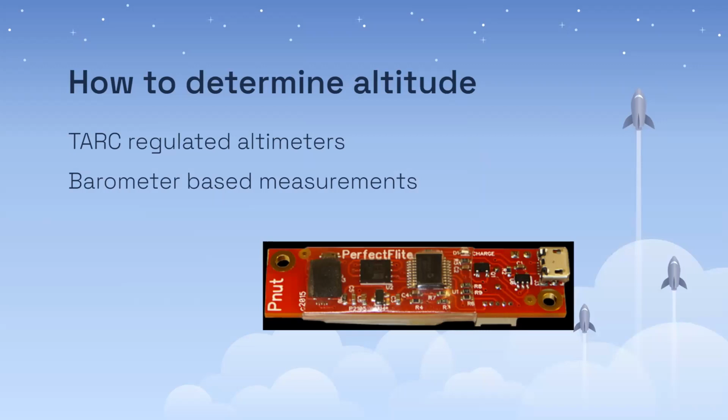So basically the Perfect Flight Peanut, the APRA, and the Firefly all detect the pressure of the air at the ground and detect the pressure in the air at the peak of the rocket's flight, and thus we'll be able to determine how high the rocket flew, judging from the difference in the temperature between its apogee and the ground.